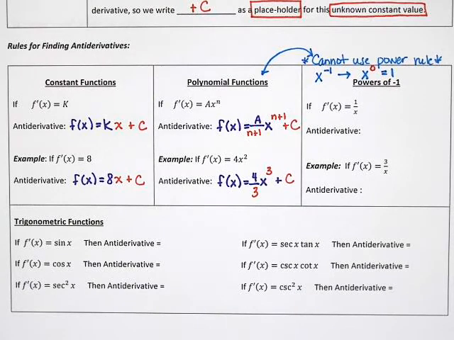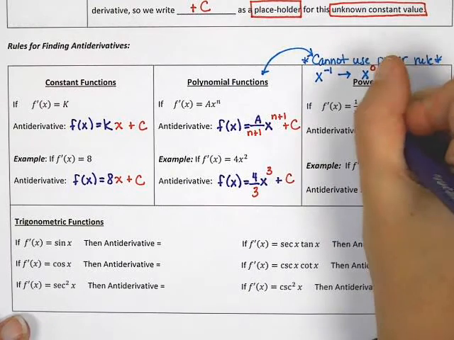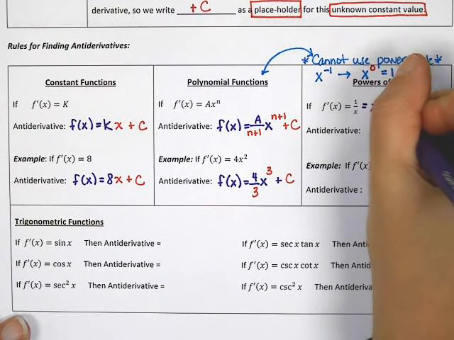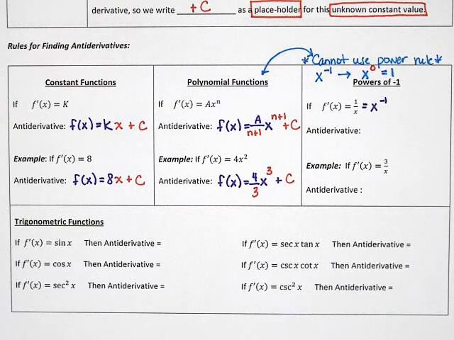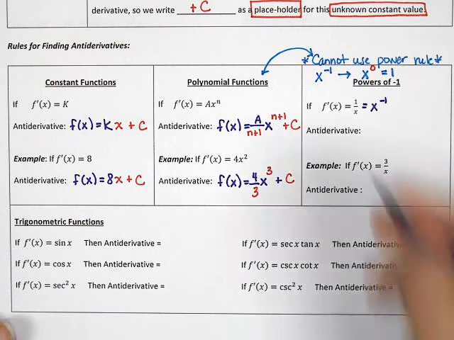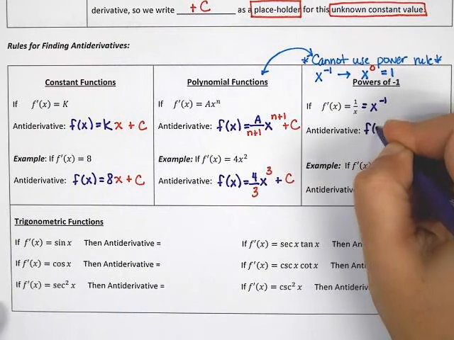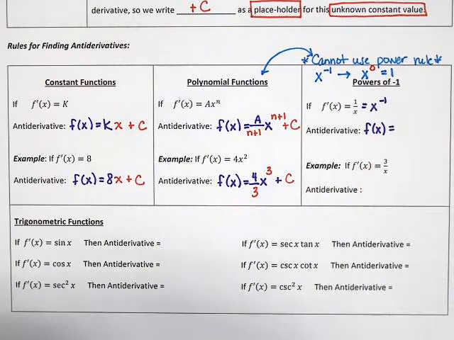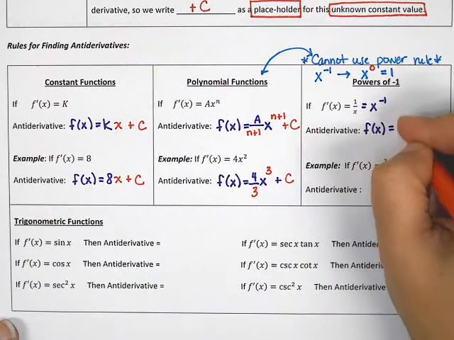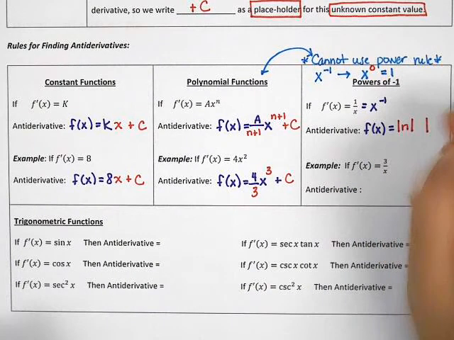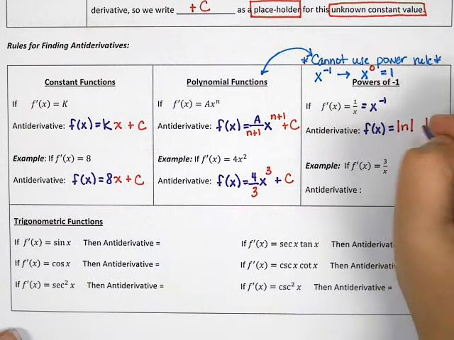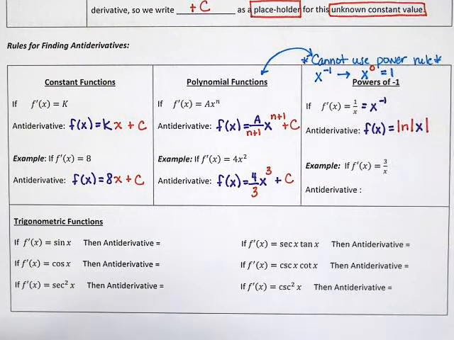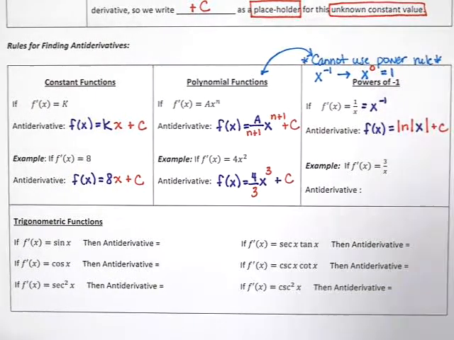So in order to do the antiderivative of a power of -1, so this is really the same thing as x to the -1, we need to remember that the only function whose derivative puts a variable in the denominator is natural log. So the antiderivative would be the natural log of the absolute value of x plus c. A couple important things to remember here.